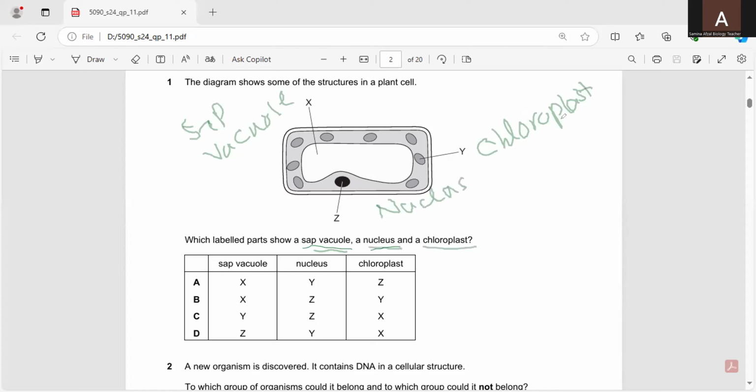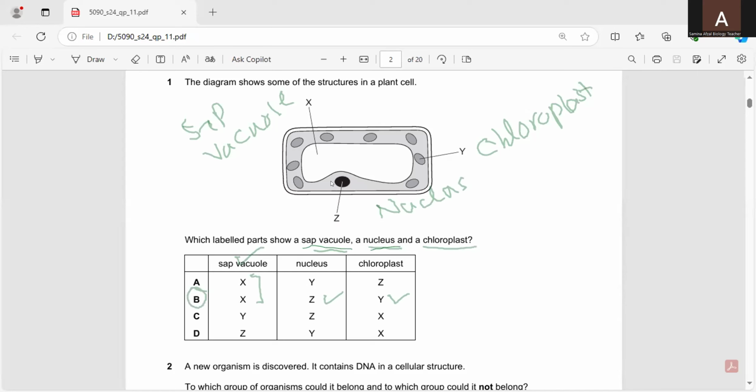You can see a single large sap vacuole in the center. So sap vacuole is X, nucleus is Z and chloroplast is Y. So the answer is B. Very simple.